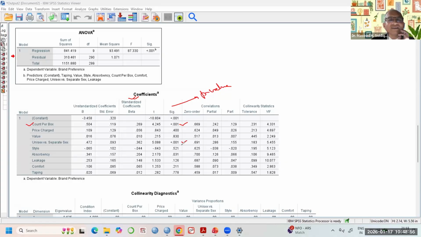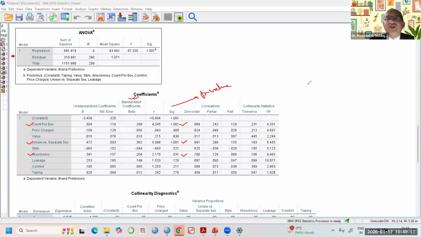The next one is again less than 0.001, so it is significant. So unisex versus separate sex is also significant. Then we have this value 0.031, which is less than 0.05, so this absorbency is significant, right? And all others are insignificant in nature.